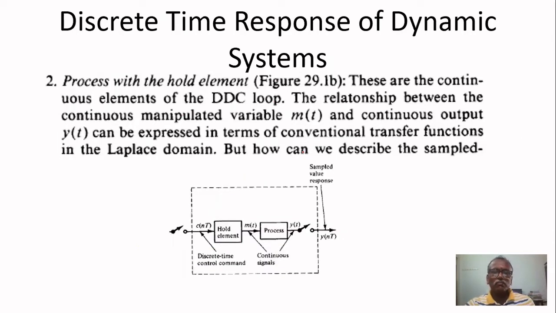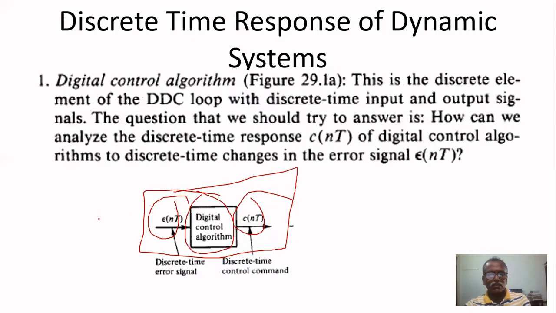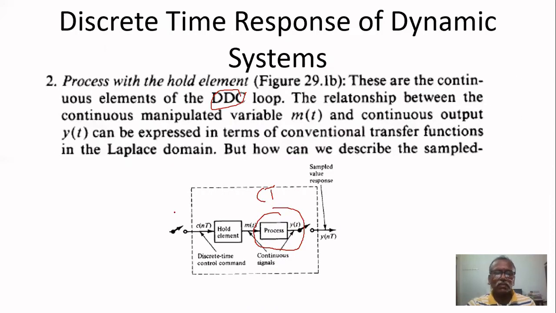Another important component in this direct digital control system is the process. The process is always a continuous time system. But the control algorithm gives discrete output, so the discrete output cannot be given directly to this process.